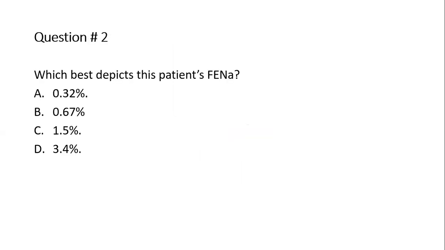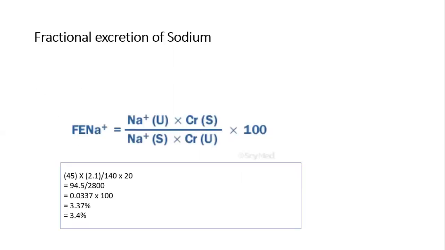For this patient, if you put in the values, his urinary sodium is 45, his serum creatinine is 2.1, his serum sodium is 140, and his urine creatinine is 20. Multiply that with 100, and you get 3.37%. You round it off to 3.4%.